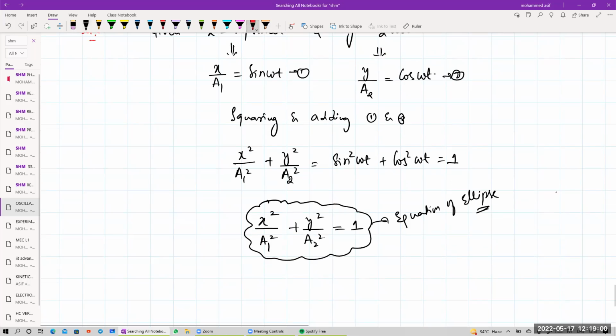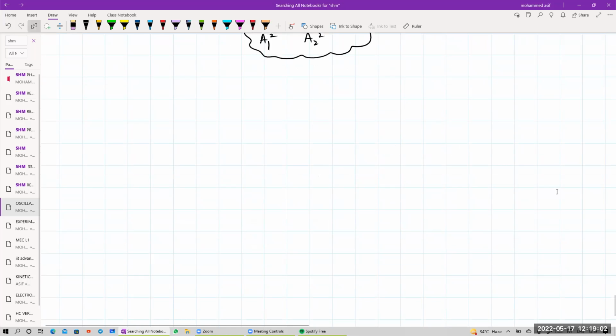Yes, sir. Sure. So till now we got two equations. Let me take one more question with the help of these three equations. For example, see this question.